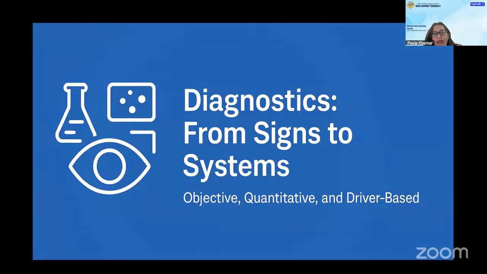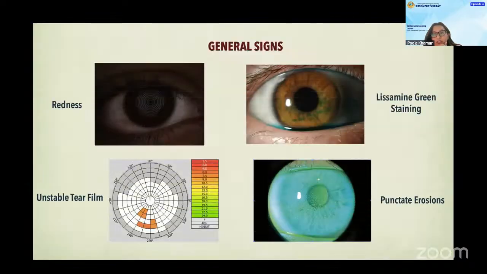Talking from the diagnostic perspective, from signs to symptoms, we all know that first and foremost are the clinical signs, what we look at on the slit lamp: whether the patient has any redness, and looking at the cornea in detail to see whether it is clear or not. If you find anything suspicious, you do tests like staining, which can be lissamine green or fluorescein staining, and can give you a lot of information on whether there are any erosions.